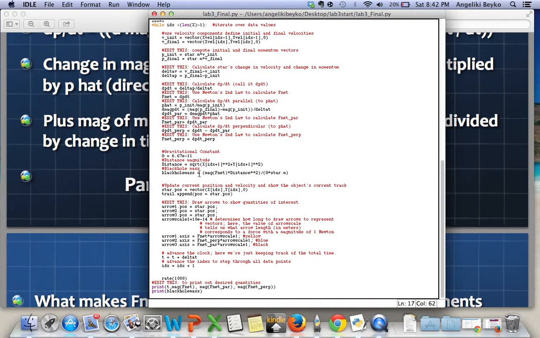At the end I asked it to print out the black hole mass, and this is the formula here: the magnitude of the net force times the distance squared, divided by the gravitational constant times the star's mass. For the output, the yellow arrow is the net force, the blue arrow is F net perpendicular, and the black arrow is F net parallel. So we're going to run this.